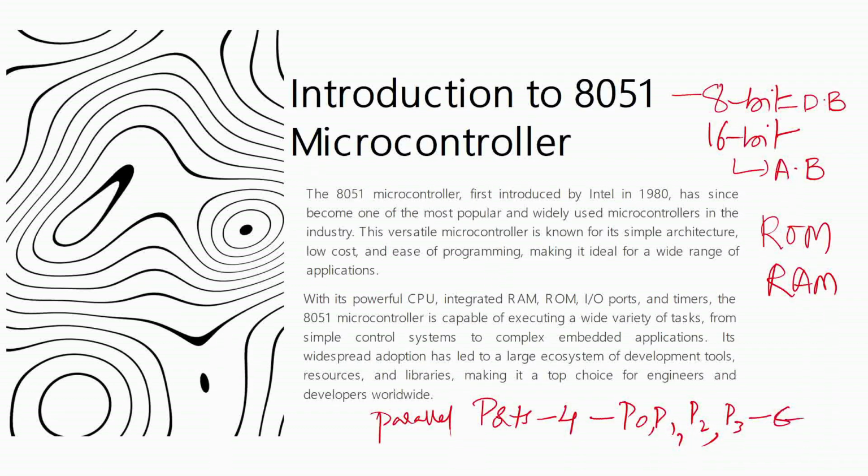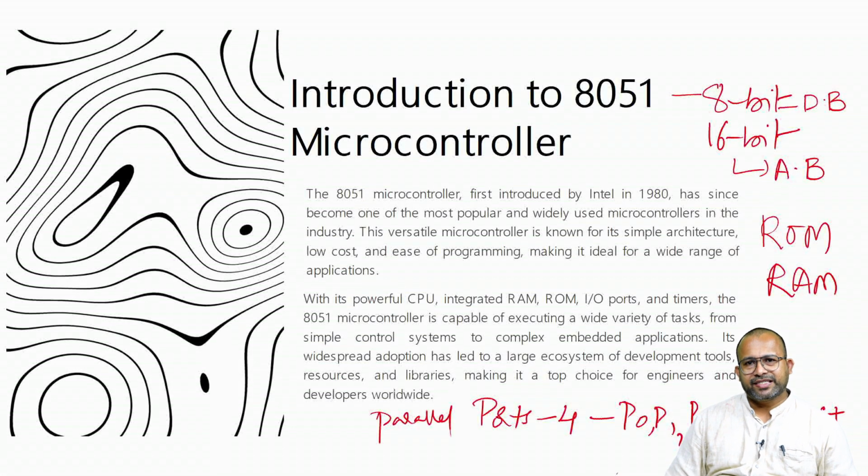All are of size 8 bits. By the presence of these ports, we can establish communication with external devices. We can interface any keyboard, any display device, or a stepper motor to control the direction of the motor.